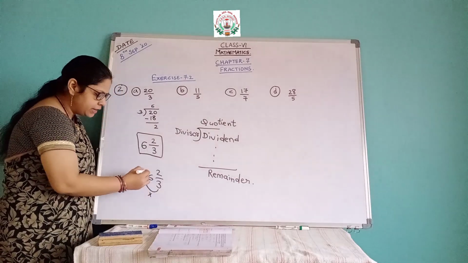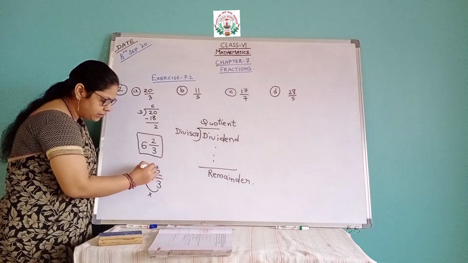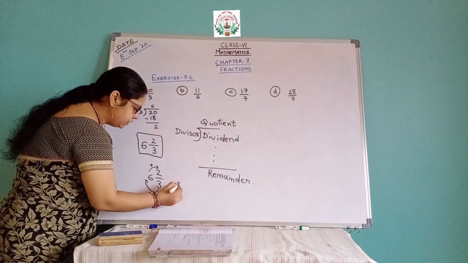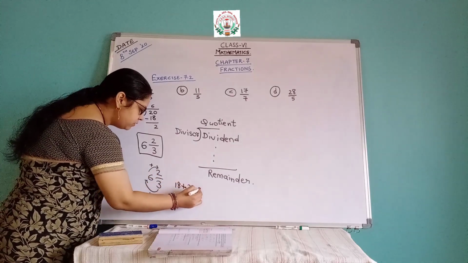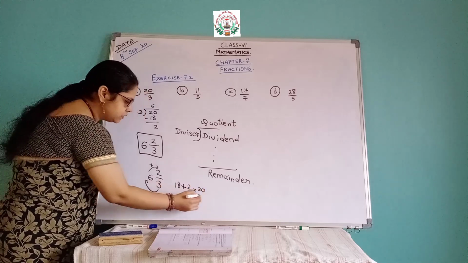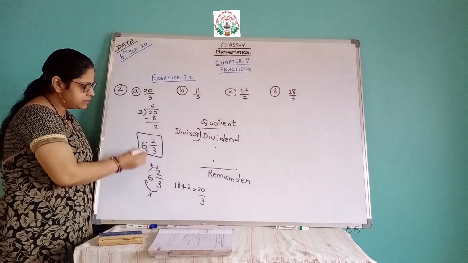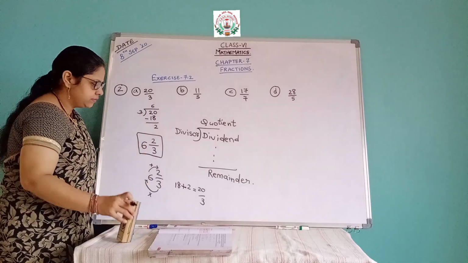Whatever answer you get, you add this 2 to it. That means 6 3s are 18 plus 2 is 20, and the denominator will be the same. 20 by 3, you got 20 by 3, which means this answer is correct.